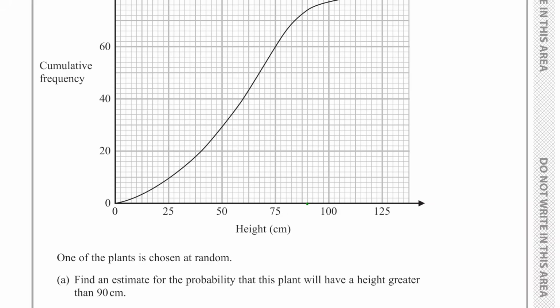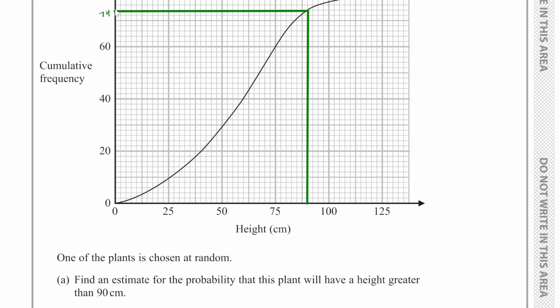So 90 is here. So let's go up to our line and along and read off what we get. So at 90 centimeters, we're at 74. So 74 plants have got a height less than 90.